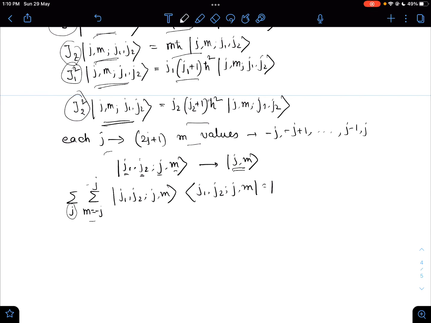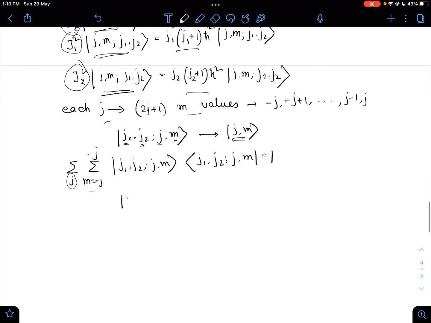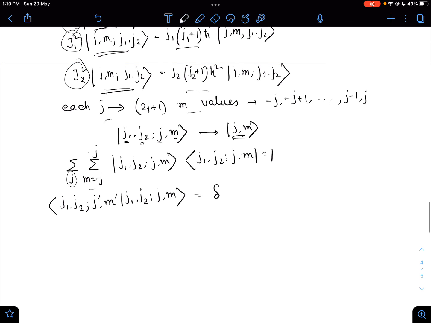This is our completeness relation. For orthonormality, <J, M|J', M'> is delta J, J' times delta M, M'.